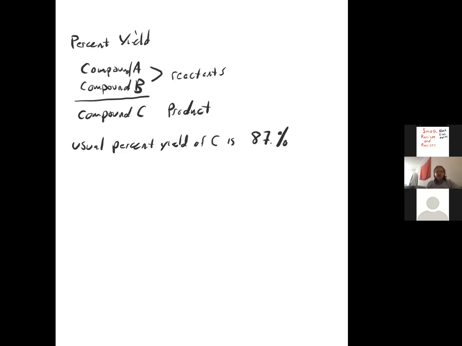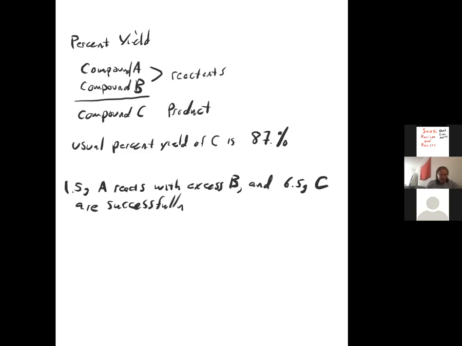That's the usual percent yield of C. So then it says, suppose 1.5 grams of A reacts with excess B and 6.5 grams of C are successfully isolated. So they're using a lot of words here that they don't need to because they're just trying to give you advanced language. Successfully isolated means products. That's how much you produced.